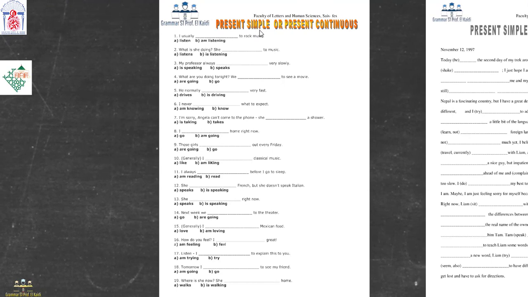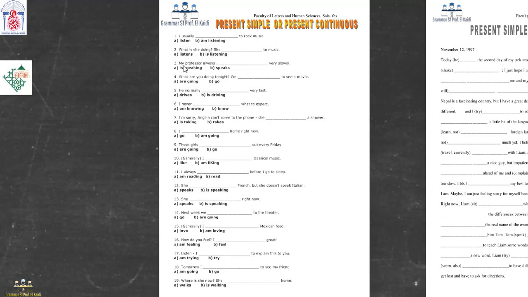Okay, so here, present simple or present continuous. Decide what to use in these examples here. For example, I usually to rock music. I usually listen or I usually am listening to rock music. So choose the correct one and put it in the blank. What is she doing? She to music. She listened to music or she is listening to music.